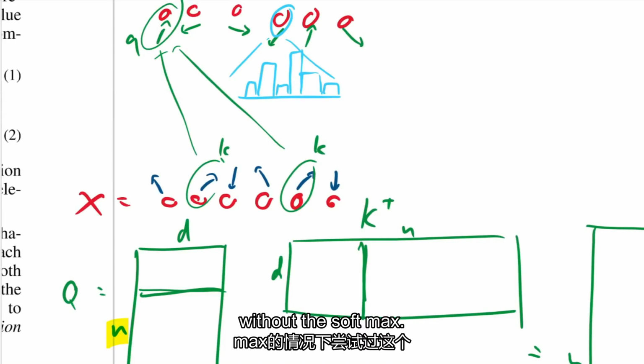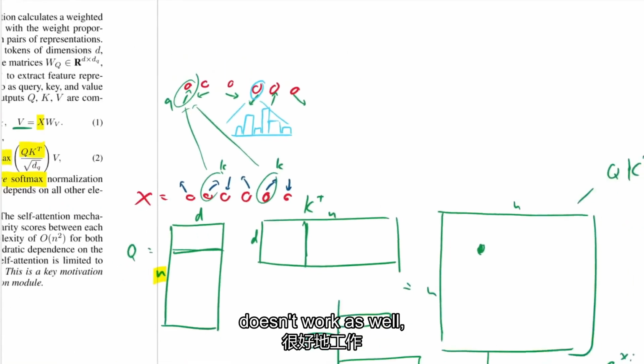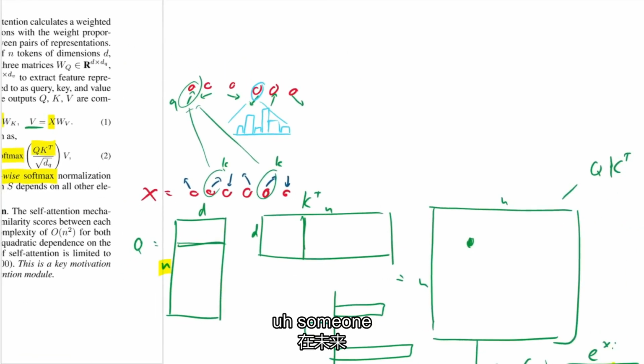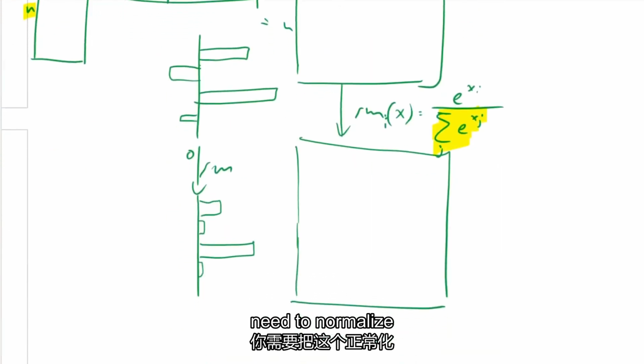People have tried this without the softmax, and it just turns out that it doesn't work as well. I guess in the future, someone might come up with something that doesn't require normalization, but it is what it is right now. Okay, so you need to normalize this.